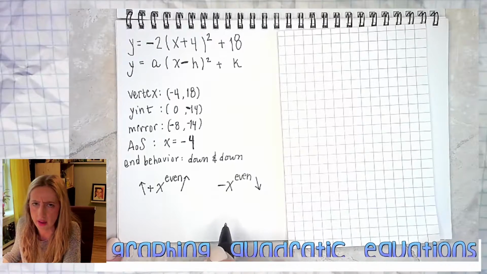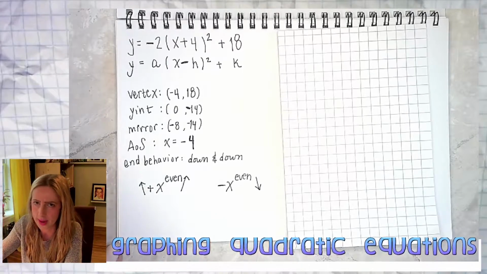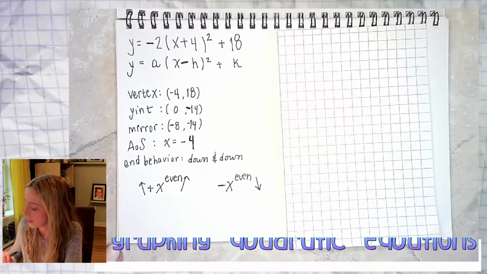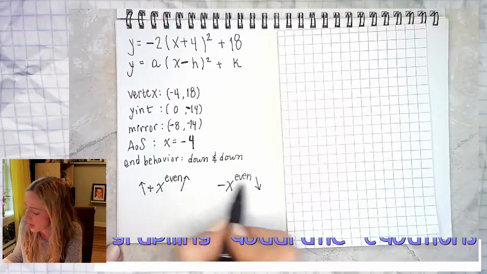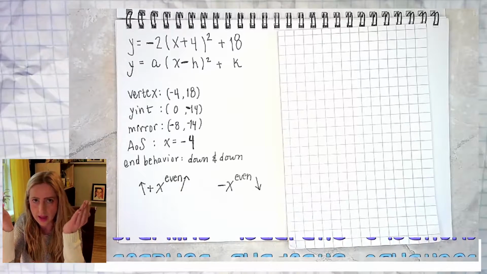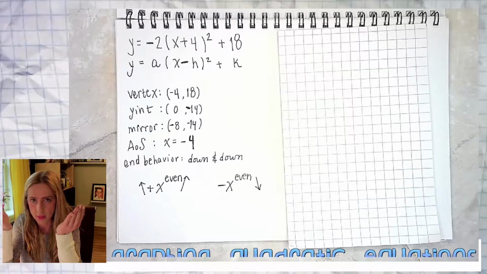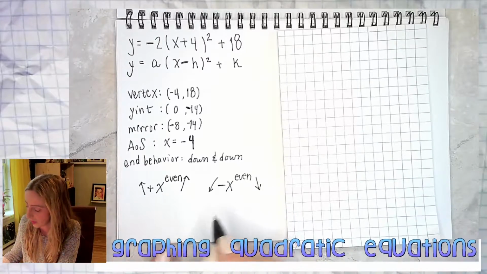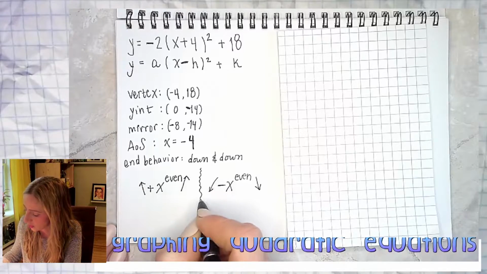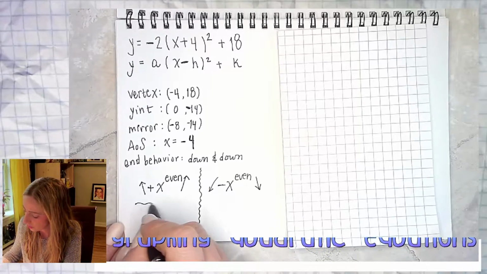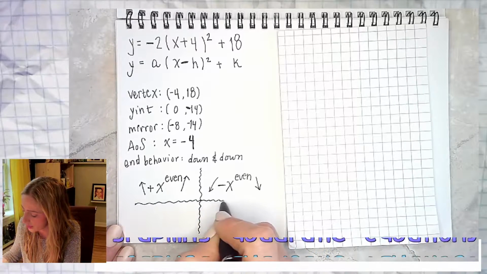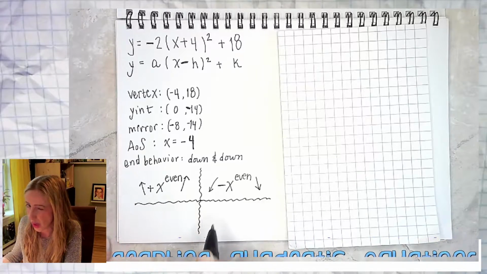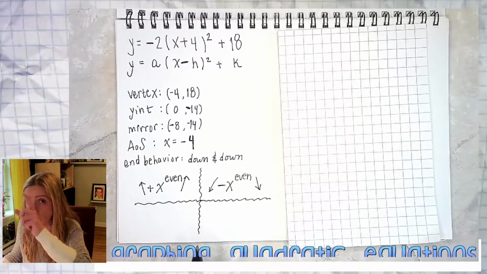So if you have a negative outlook on life, you're just going down in life, you know, we got to turn that frown upside down. And then even means, think even like balance, same thing on both sides. So if it finishes down, that means it started pointing down. Then I'm just going to draw little squiggles between them like this. Then the odd, think ODD. If we think the word odd and flip those D's over, it looks like OPP a little.